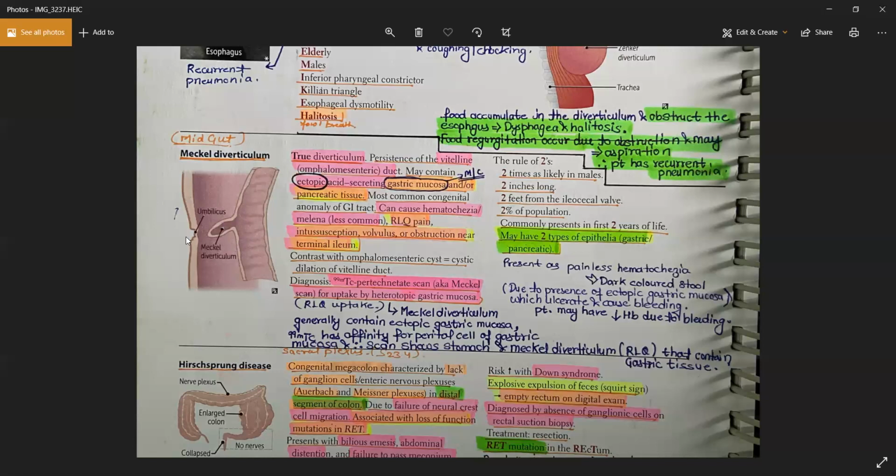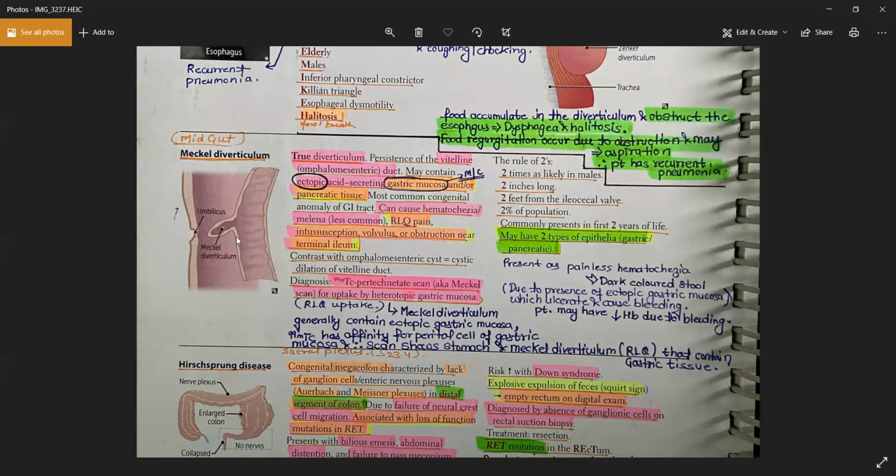So one of the complications is the Meckel's diverticulum because of the persistence of this vitelline duct or the omphalomesenteric duct.